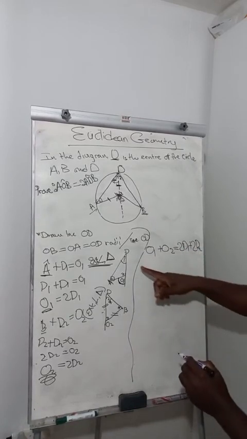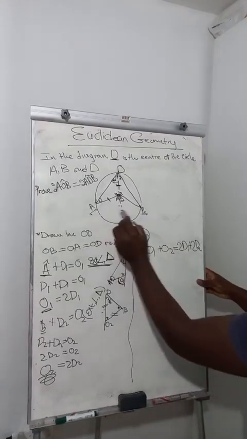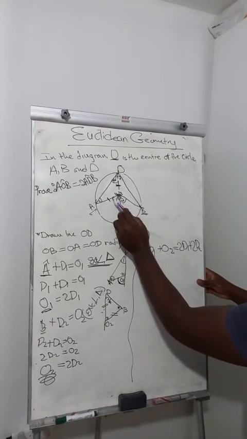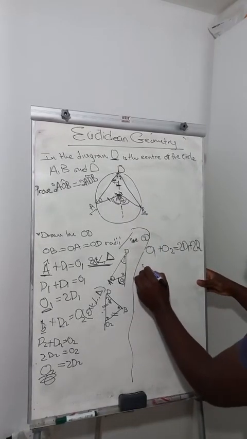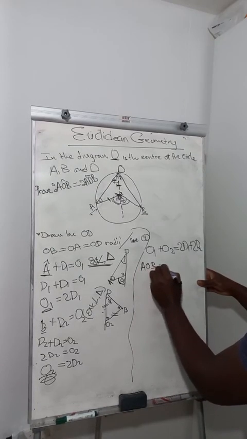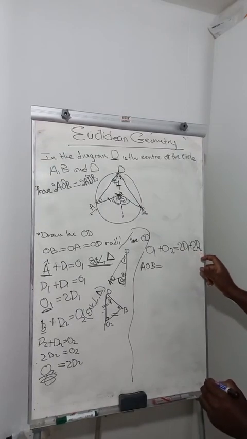O1 plus O2 is this part here, so this will just give you AOB is equal to 2D1 plus 2D2.